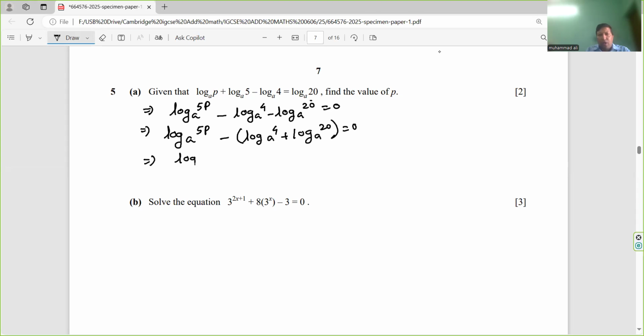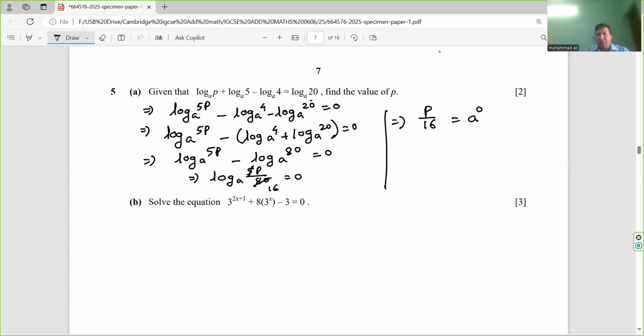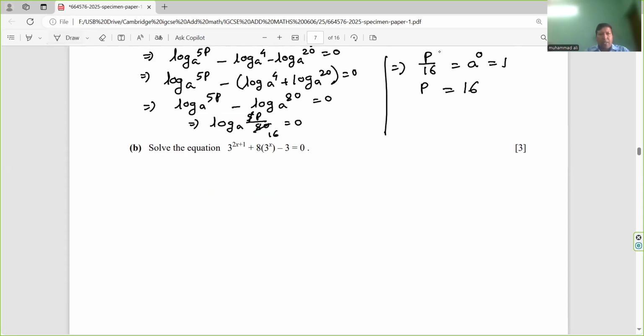So it will be log A base 5p minus log A base 80 equals 0. Now log A base 5p by 80 equals 0. So 5 and 80 cancel. Convert into index form. P by 16 equals A to the power 0, means 1. That means P equals 16. So 5a is completed.